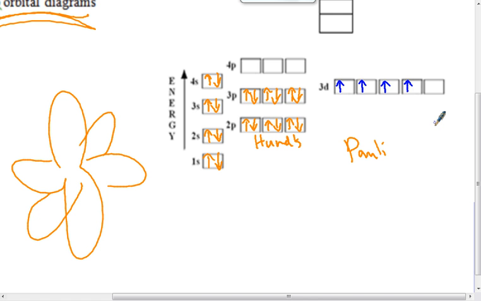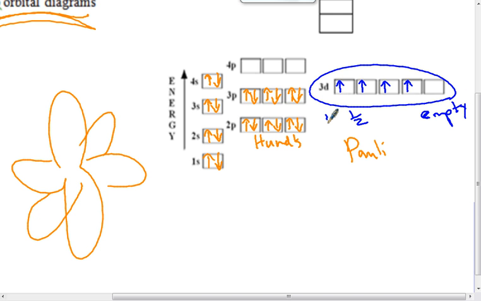And so with this last sublevel, several of them are half full, and one of them is completely empty right now. We have 4 that are half full, one that is empty. And that really impacts how chromium bonds, how it makes charges and everything.